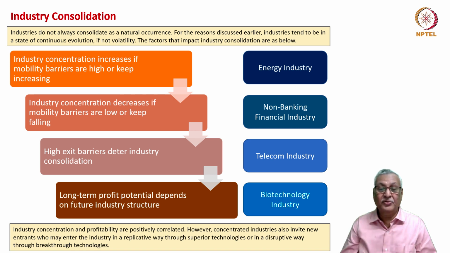It is the pyramid of the industry. In telecom industry, it is very difficult to exit the industry because the assets are neither portable nor easily saleable to any other industry. Biotechnology industry is one where there is long-term profit potential, long-term growth potential. So we can look at the industry in a specific light of concentration and consolidation, apart from the evolution which we have seen earlier.